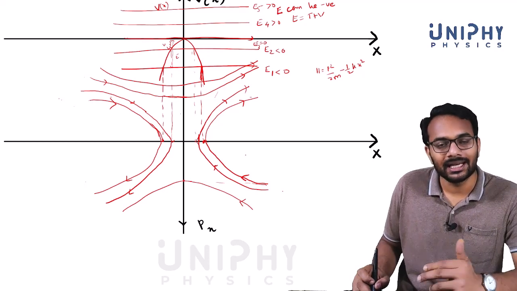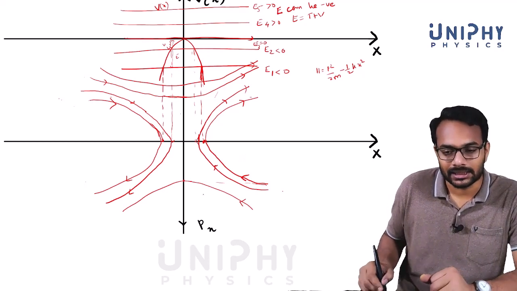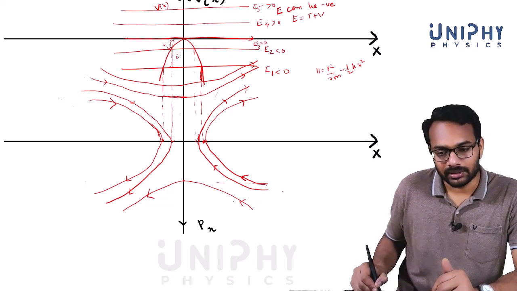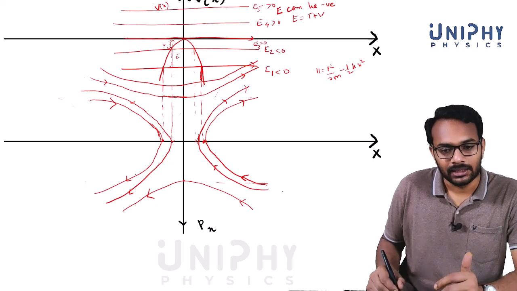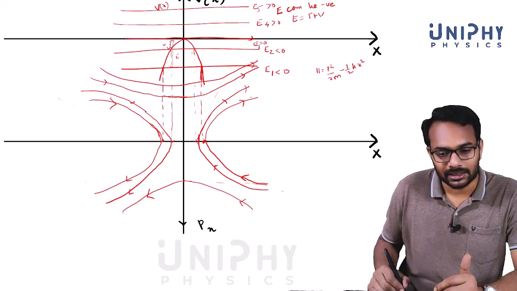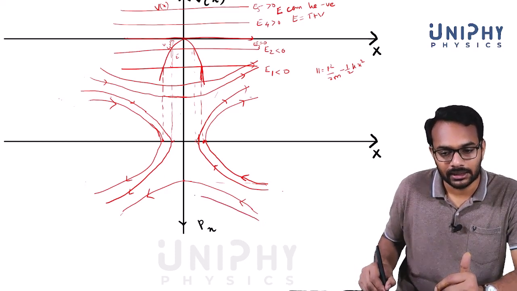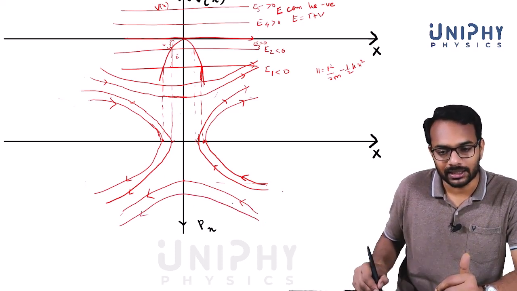For the other examples, we won't be going into so much detail. So here it comes. The arrow marks are correct, am I right? Because in this quadrant momentum is negative, so it's towards the negative x direction. So you see that the directions of the arrows are all consistent. Similarly, for a higher energy coming from plus infinity, they are like this.